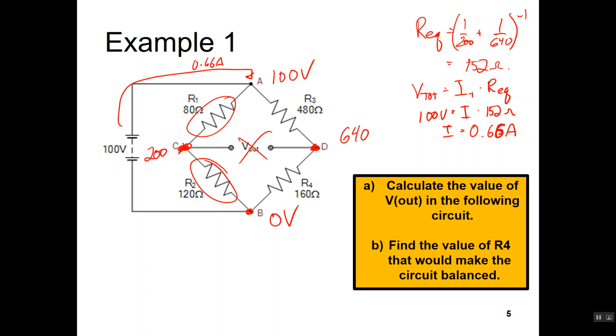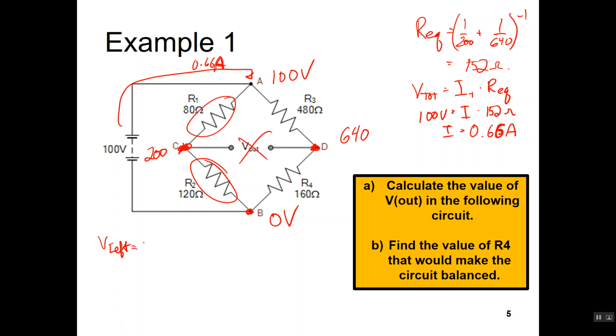So my current here is 0.66, and I can figure out what the current going in each section is, with my equivalent resistance on the left and on the right. V left is going to be the same as V total because it's in parallel. So V left is 100 volts.